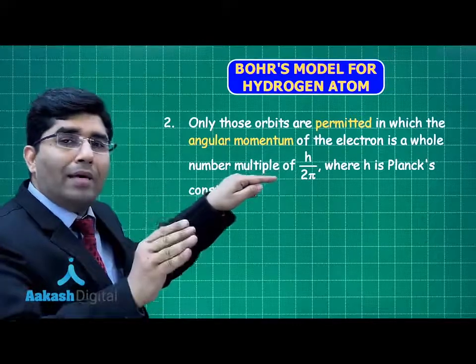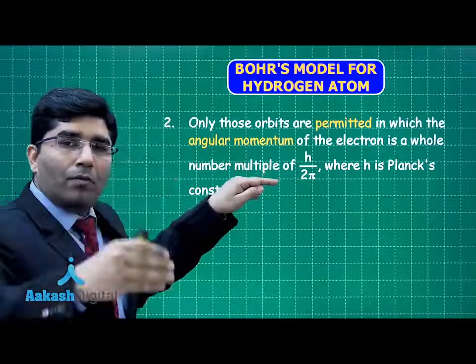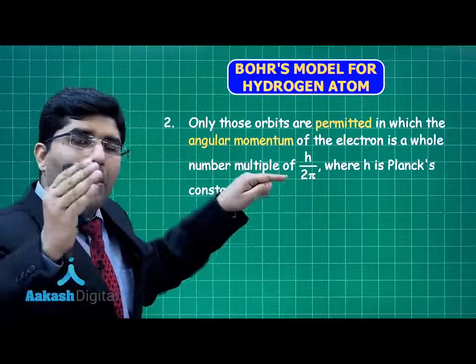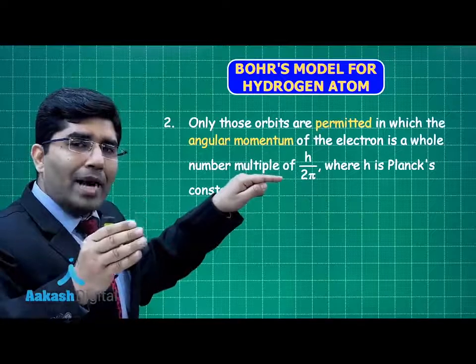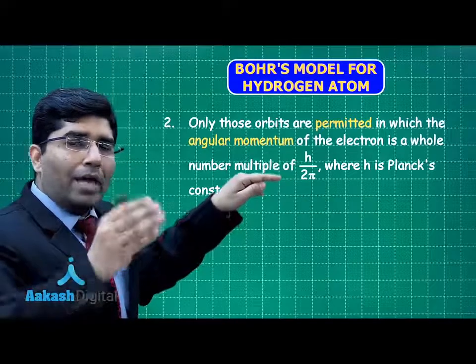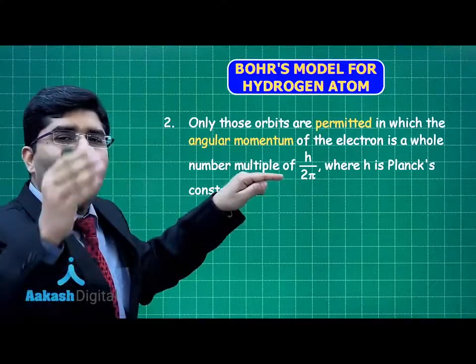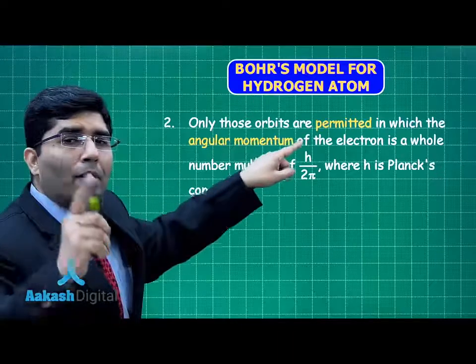Again it is quantized: 1 into h upon 2 pi, then 2 into h upon 2 pi. Angular momentum is also quantized, and if we want an angular momentum like 1.33 into h upon 2 pi, the orbit will not be permitted.